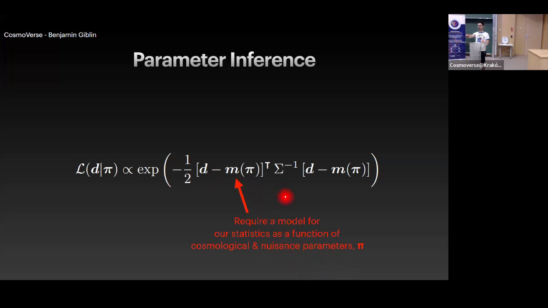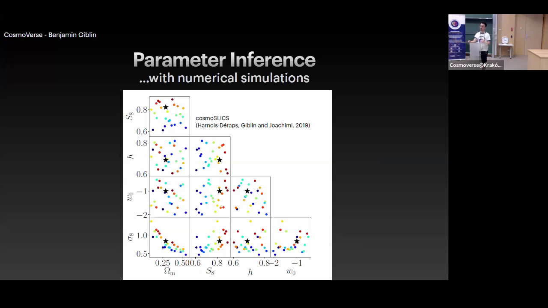And also present is this covariance matrix, which we're going to measure all of this from numerical simulations, basically. The simulations which we use are full n-body, dark matter only simulations called CosmoSlics, and they vary in terms of all of these parameters here. Omega m, S8 here is a combination of omega m and sigma 8.